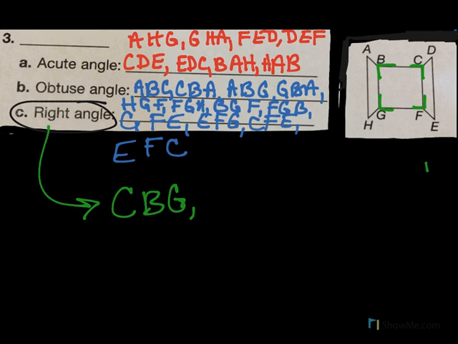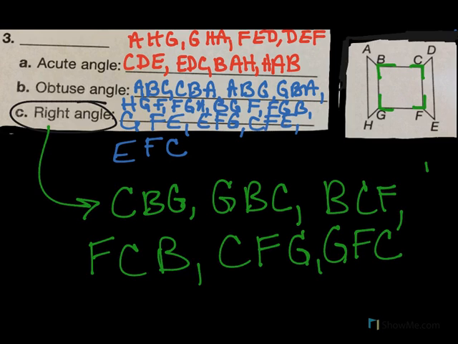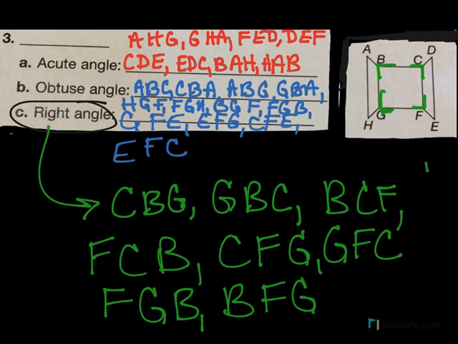These are my right angles in green, which could also be GBC, BCF, or FCB, CFG, or GFC. There's like 8. What am I missing? Did I do FGB? Nope. FGB or BFG. Right here.